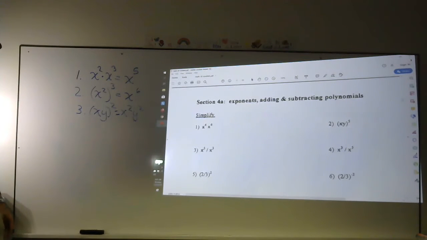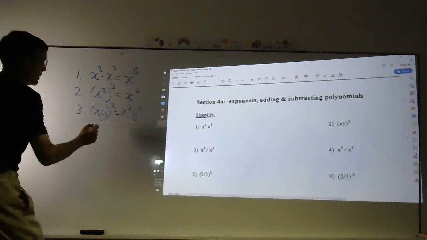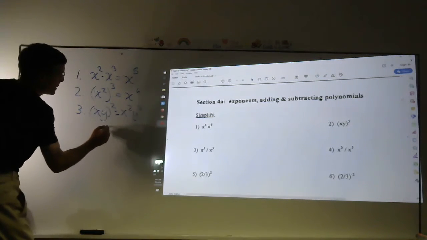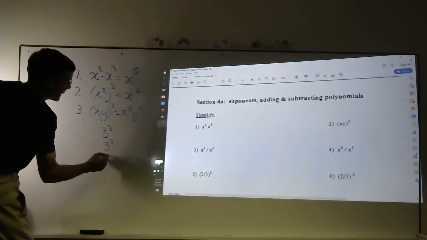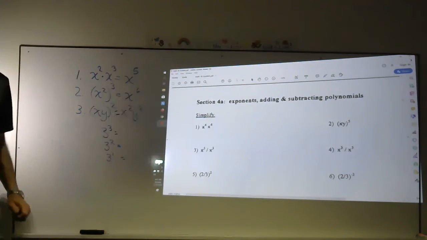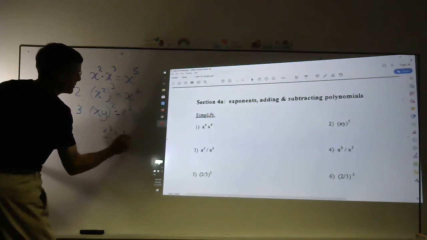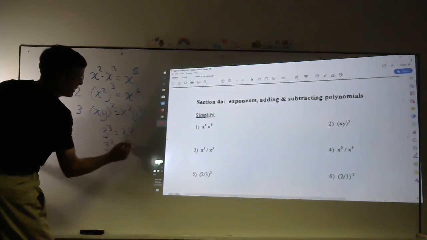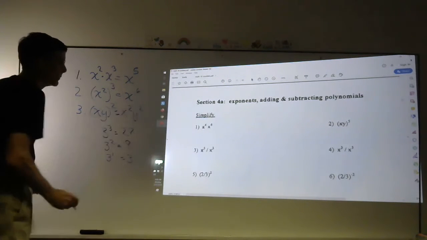All right? Now, we want to talk about 0 powers and negative powers. Let's start with 3 cubed, 3 squared, 3 to the 1st. Everybody see that okay? I'm worried about my markers. Yeah, it looks pretty good so far. All right, 3 times 3 times 3 is 27. 3 squared is 9. 3 to the 1st is 3.